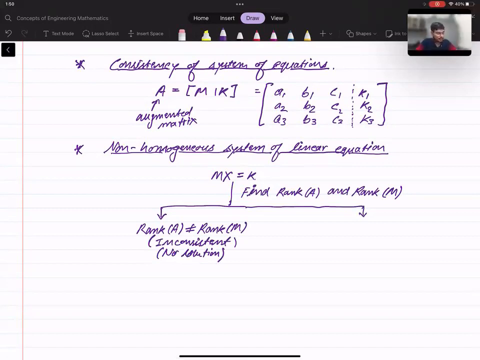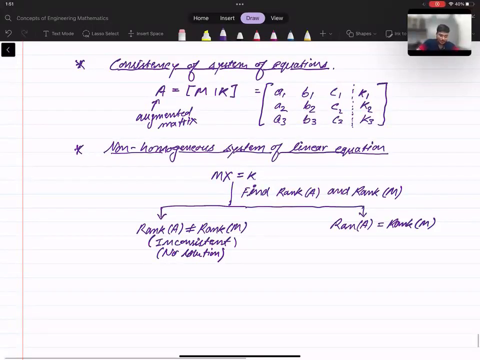Now suppose the rank becomes equal. The rank of A is equal to rank of M. In this case, again, two cases arise. Suppose we have n number of variables.